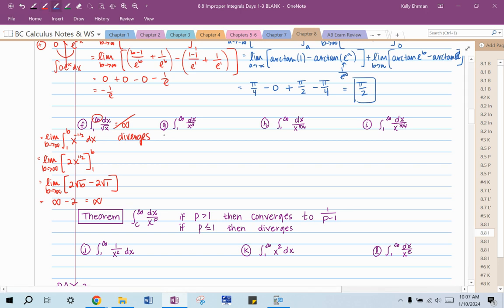Let's repeat that process. So this one, same idea, just different power. The limit as b approaches infinity of the integral from 1 to b of x to the negative third dx. So that's equal to the limit as b approaches infinity of x to the negative 2 divided by negative 2. I'm just going to write it like that.